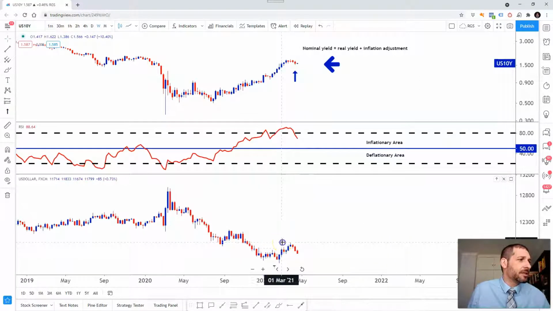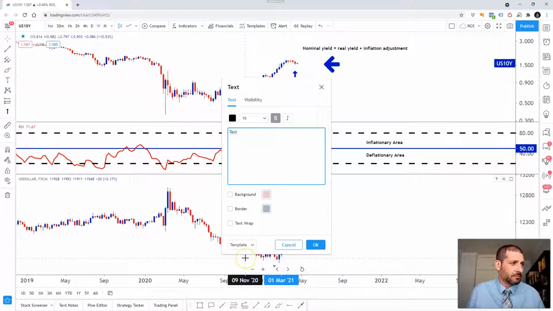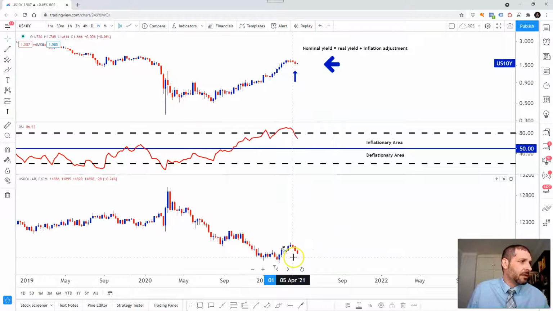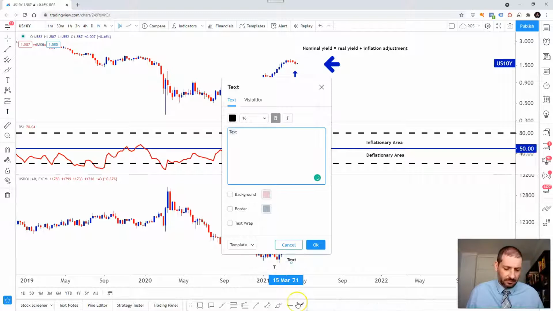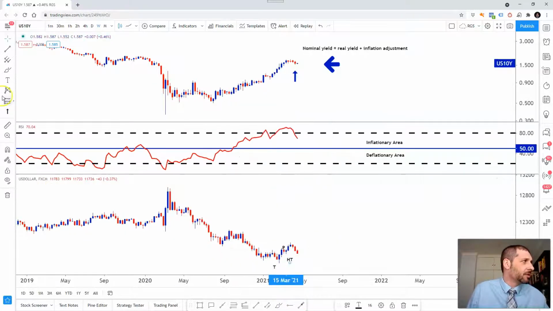Good, here's the reference peak. And here is the higher trough. And following that, importantly, here is our higher peak.